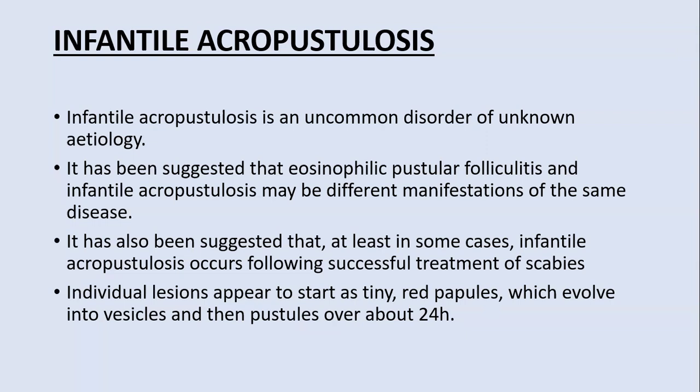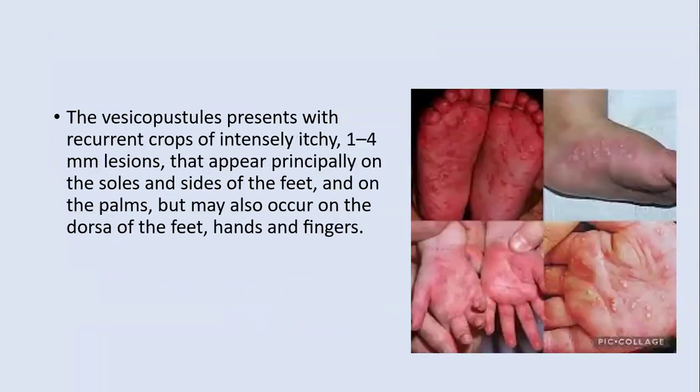Individual lesions appear as tiny red papules that evolve into vesicles and pustules in 24 hours. These vesicular pustules present in recurrent crops of intensely itchy 1 to 4 mm lesions, principally on the soles and sides of feet, on palms, dorsa of feet, hands, and fingers as well.